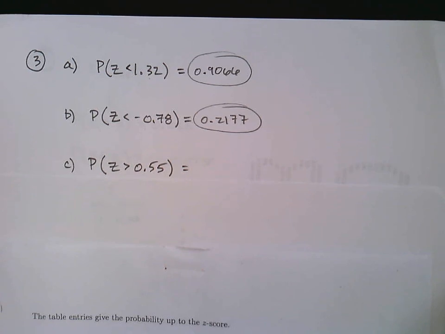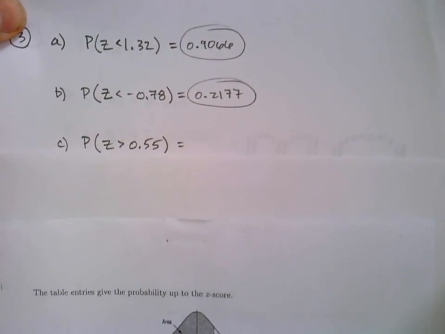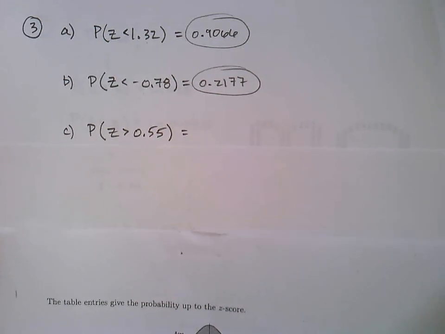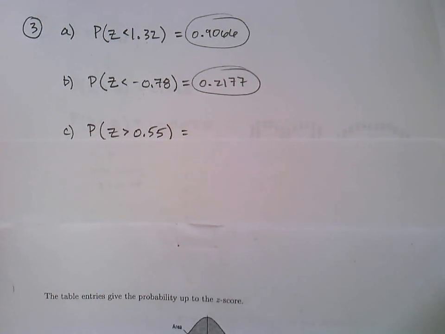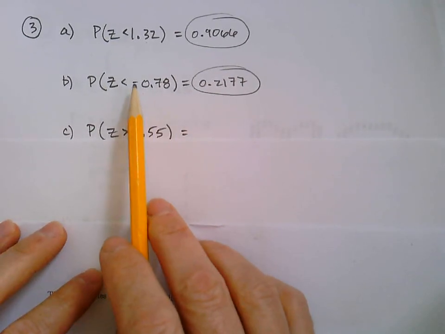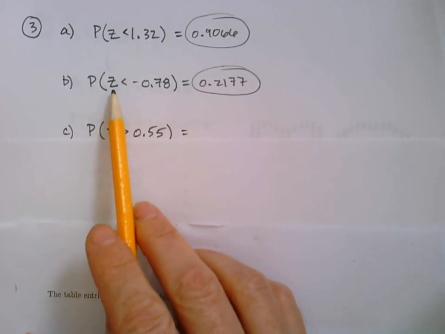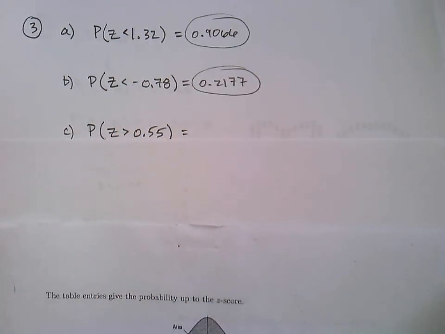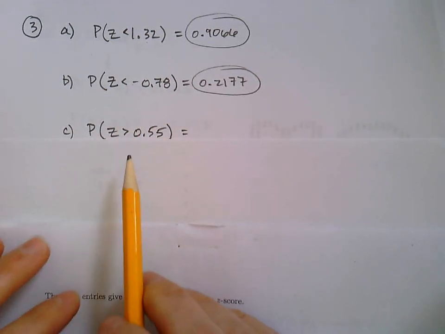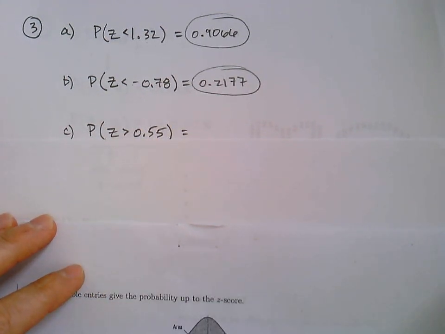How about something like this? We kind of mix it up a little bit. The probability that z is greater than 0.55. And now how have we switched this? What's different? The table always tells us the probability less than the number, because it's always the area to the left. If they're asking about the area to the right, well, our table is not useful for that.